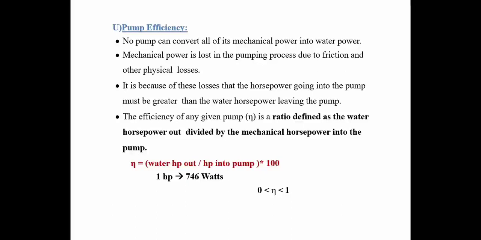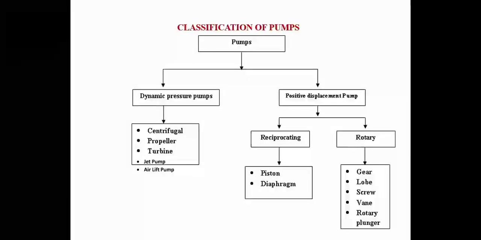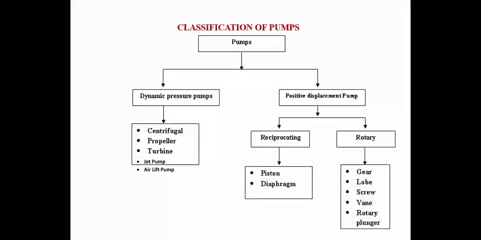100%. Now we will move on to the major portion, which is the classification of pumps. Pumps or mechanical water lifting devices are generally classified into two: dynamic pressure pumps and positive displacement pumps. The dynamic pressure pumps are otherwise known as variable displacement pumps.